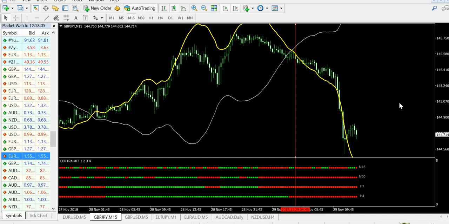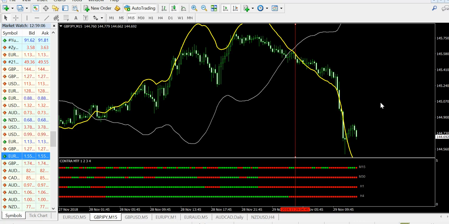Also, I forgot to mention in the beginning, this is live market now, so it's very close to 1 o'clock. It's still London session running, and this strategy works both for binary options and for forex traders. On lower time frames, M1, M5, M15, you can use it for binary, but also for scalping forex.